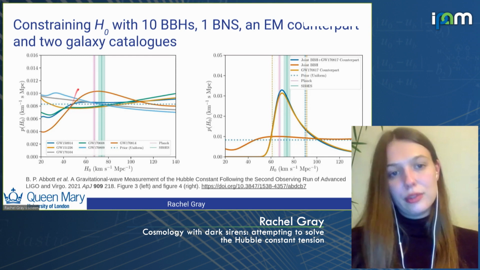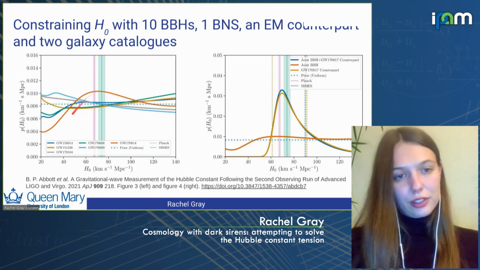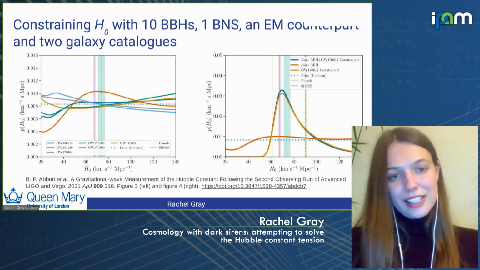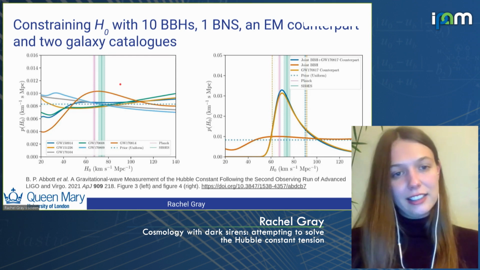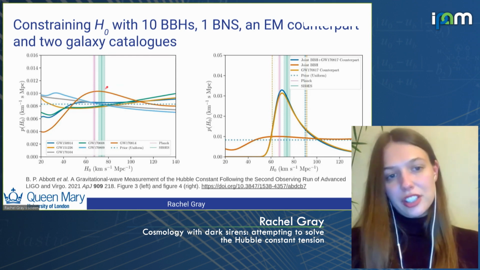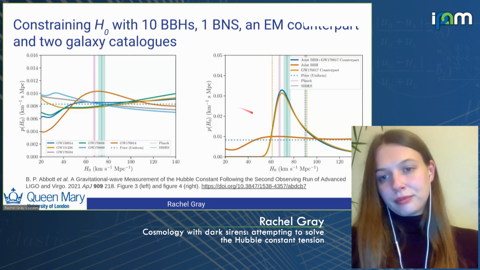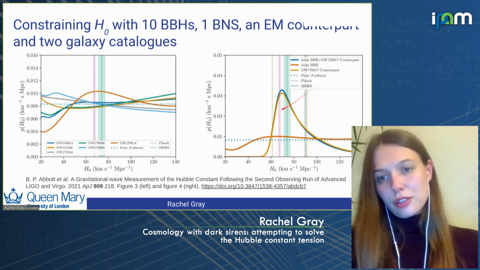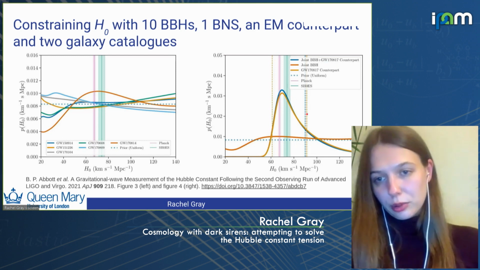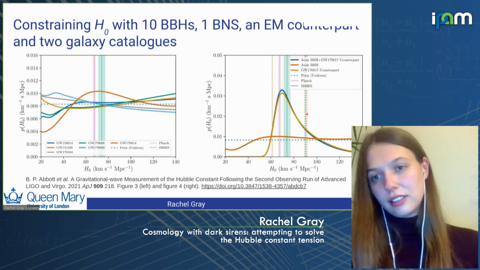And as you can see, it is the most informative of these events, and also has a peak around 70, which is very nice, but due to a cluster of luminous and dense galaxies at the appropriate redshift, whereas the rest of the binary black holes are less informative. And if you combine that measurement with the EM counterpart and binary neutron star measurement, you get a small but noticeable improvement to the result there.